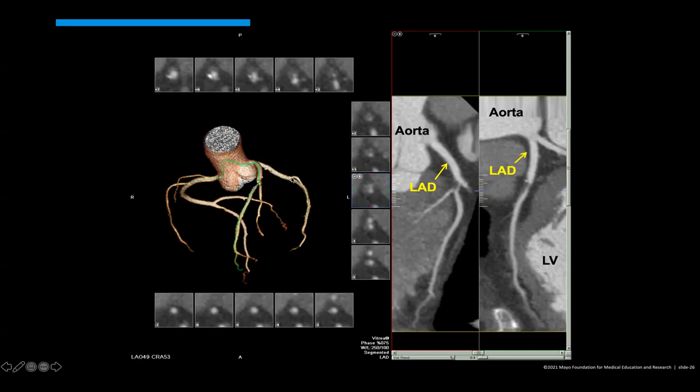The letter X has some obtuse angles in it, so the branches are called obtuse. That's not really why they're called that, but that's how I remember which branches come off of which. So LAD gives diagonals, circumflex (LCX) gives obtuse marginals, and the RCA gives acute marginals.